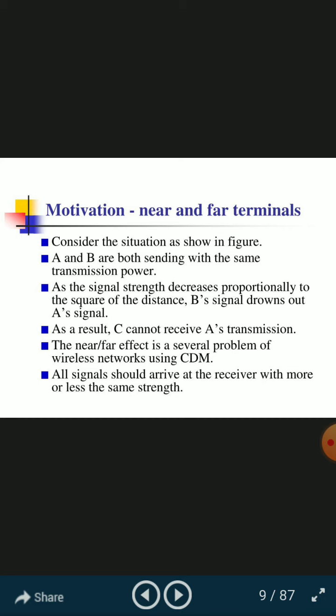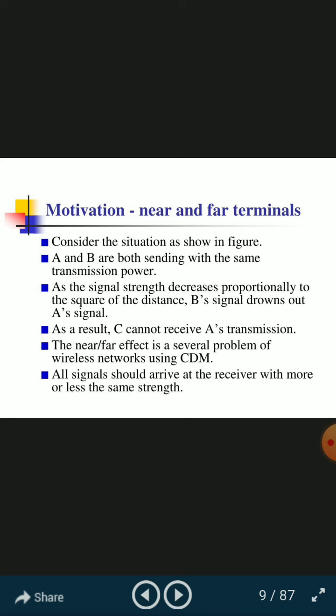The signal strength decreases proportionally to the square of the distance. B's signal drowns out A's signal. When more senders send data at the same time, the signals go down proportionally. As a result, C cannot receive A's transmission.